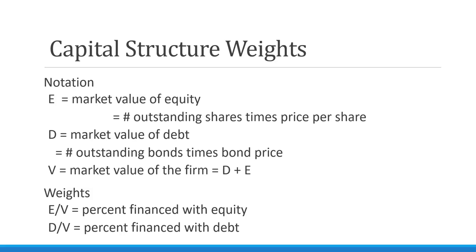V is the market value of the firm, which is calculated by adding the market value of our equity and the market value of debt. Then our weights are the market value of equity divided by the total value and the market value of debt divided by the total value, to determine what percent is financed with equity and what percent is financed with debt.